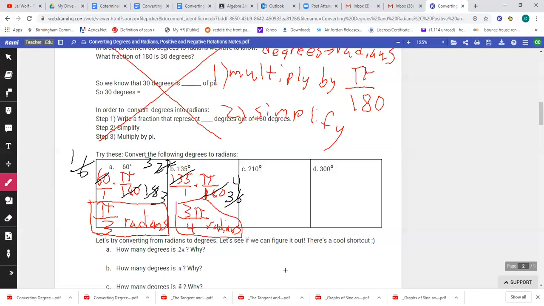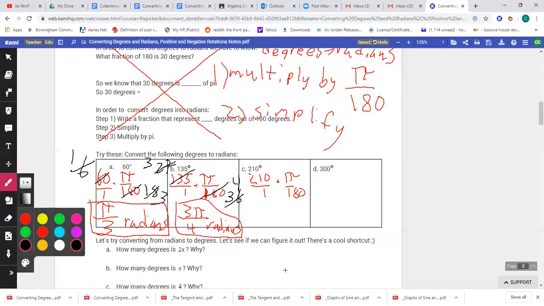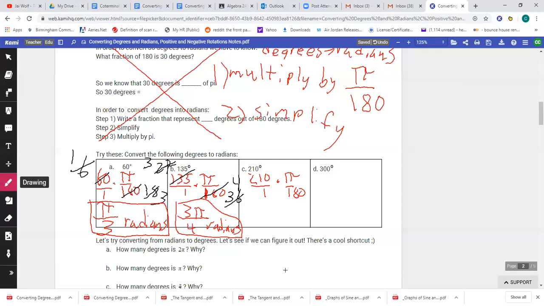Okay, so letter C. Once again, I have 210, and I multiply by pi over 180. Once again, I put a 1 underneath here. Now, this one is simple because they both end in a 0. When they both end in a 0, you could divide by 10, which means just removing the last 0. So this is 21 and this is 18. And then now I just simplify 21 and 18.